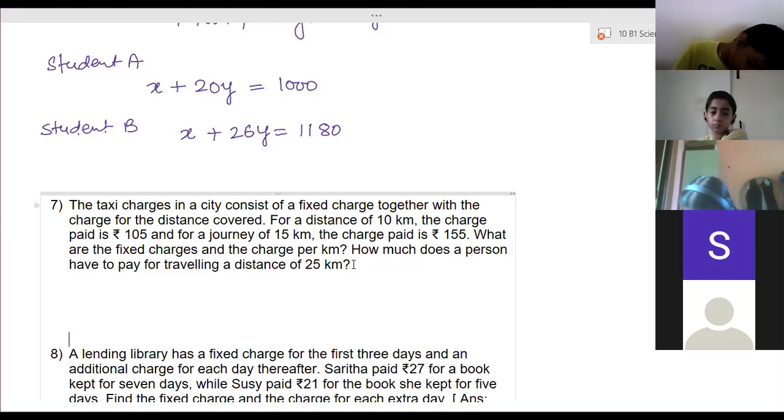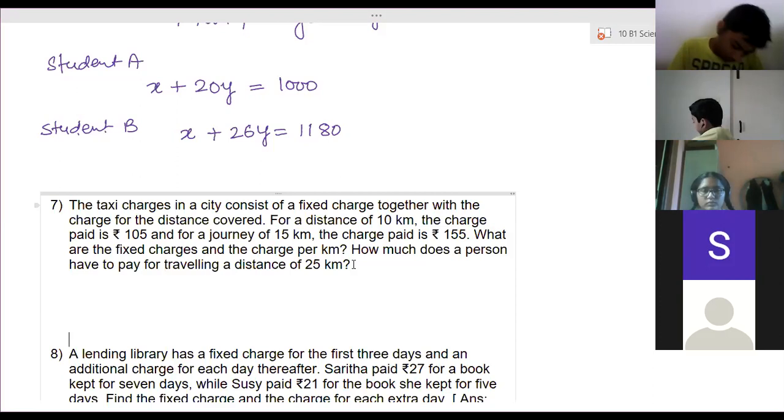Yes, right. Ma'am, y is 10. Yes, y is 10. x is 5 and y is 10. And the total cost for 25 kilometers is 255.